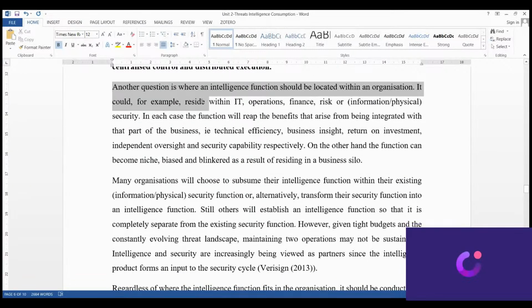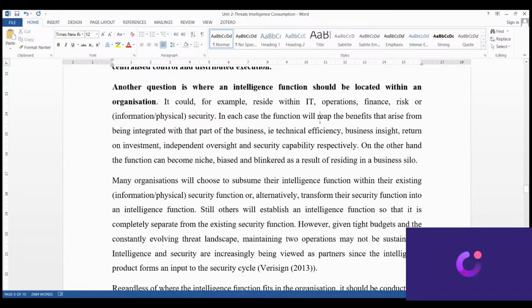Another question is where an intelligence function should be located within an organization. This is a very important question that you need to ask yourself: where should we place the intelligence function in the organization?